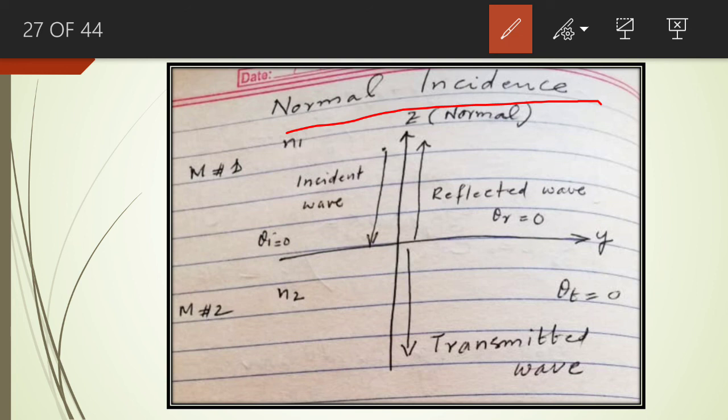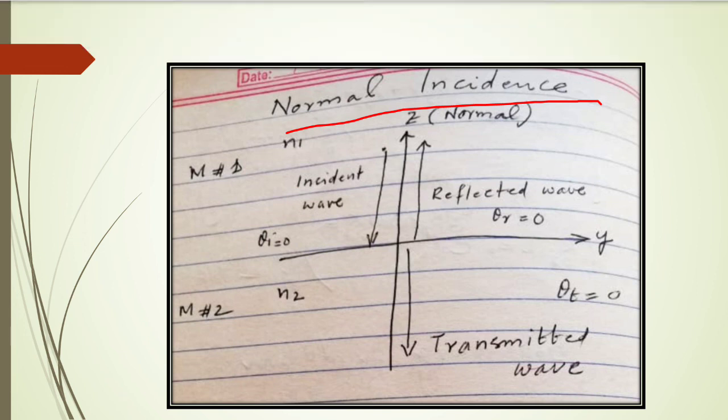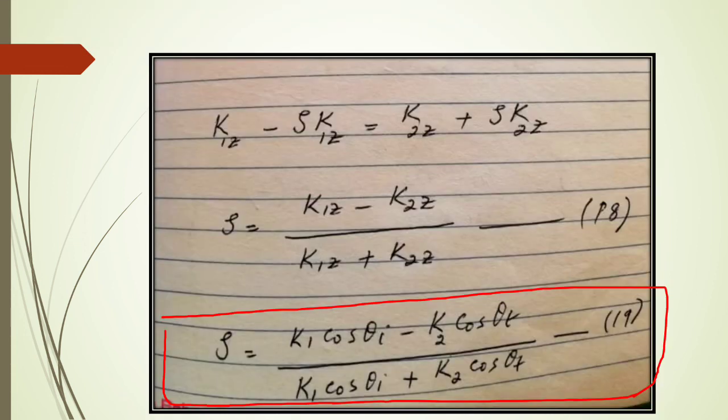We will talk about the normal incidence later on. Just focus on this particular equation number 19. We will explain this equation number 19 for the normal incidence and for the oblique incidence later on.